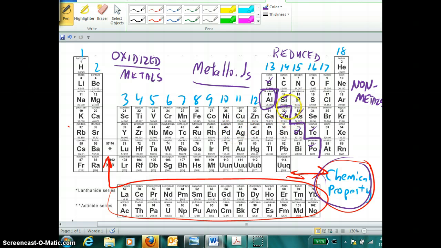For instance, we know that metals tend to conduct electricity, allow electrons to freely pass through them, because they get oxidized, they give up electrons. Nonmetals tend to hang on to electrons and get reduced, so electricity would not flow through nonmetals well. They're not good conductors of electricity.